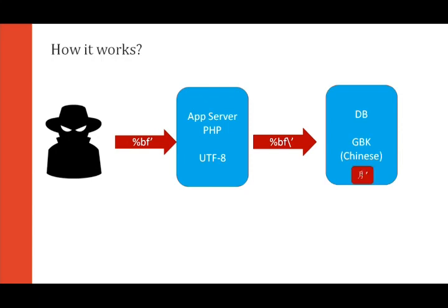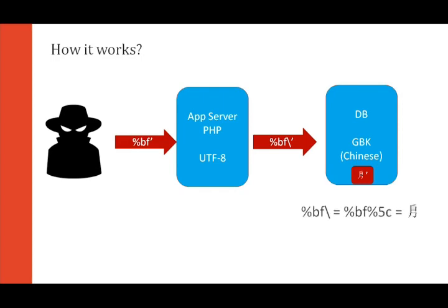So what it's going to do is change the %BF backslash with that Chinese symbol, whatever it is. And then it's going to leave the single quote alone. That means the attacker is able to inject the single quote and do all the malicious actions.